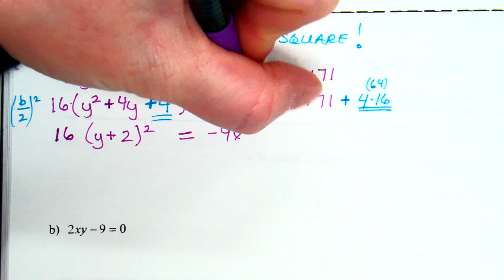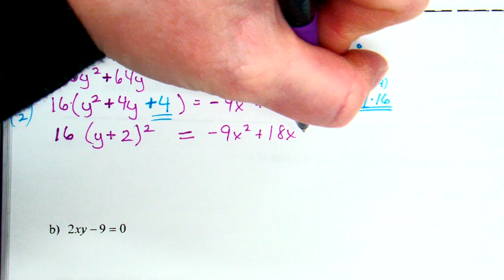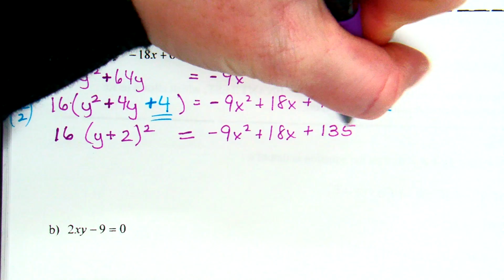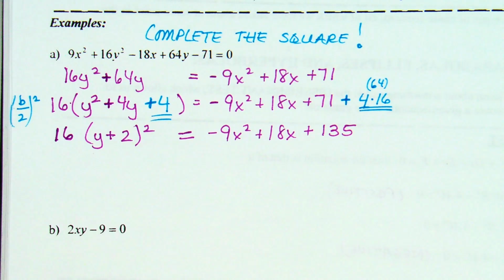Negative 9x squared plus 18x plus 71 plus 64, which is 135. Okay. Thoughts on how I solve for y?